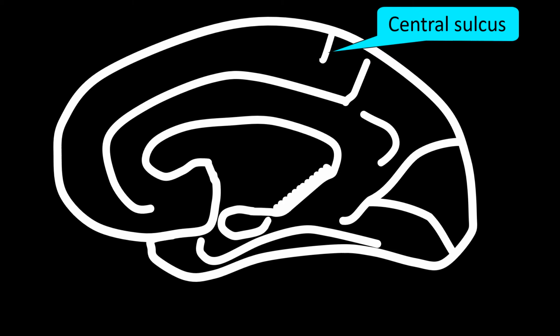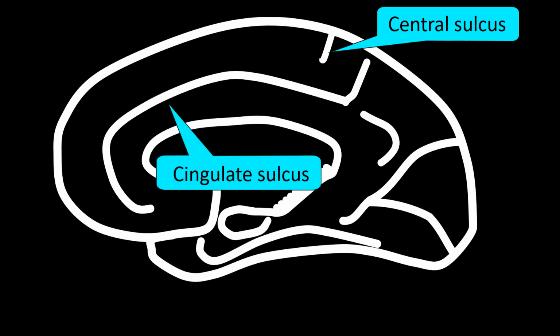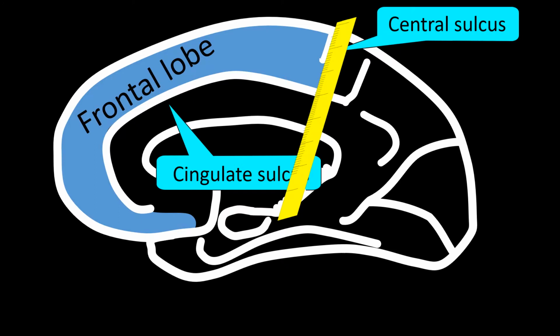for a little while. This is the central sulcus, and the sulcus I have just labeled is the cingulate sulcus. A straight line between the central and the closest point of the cingulate sulcus constitutes the posterior edge of the frontal lobe in this view.